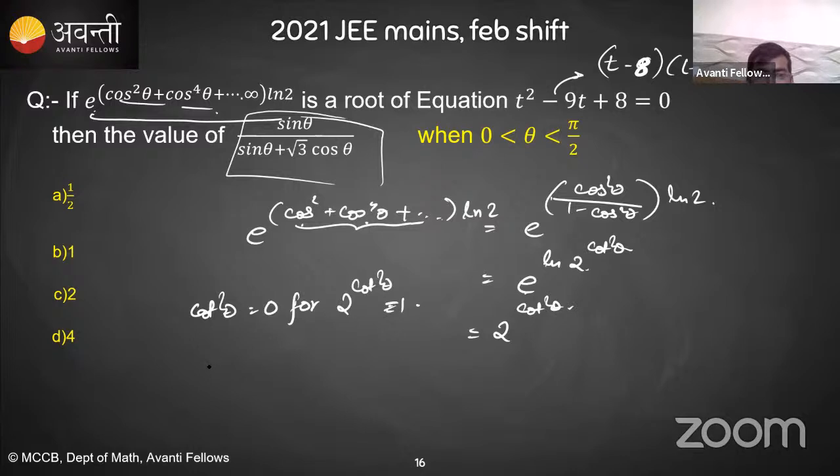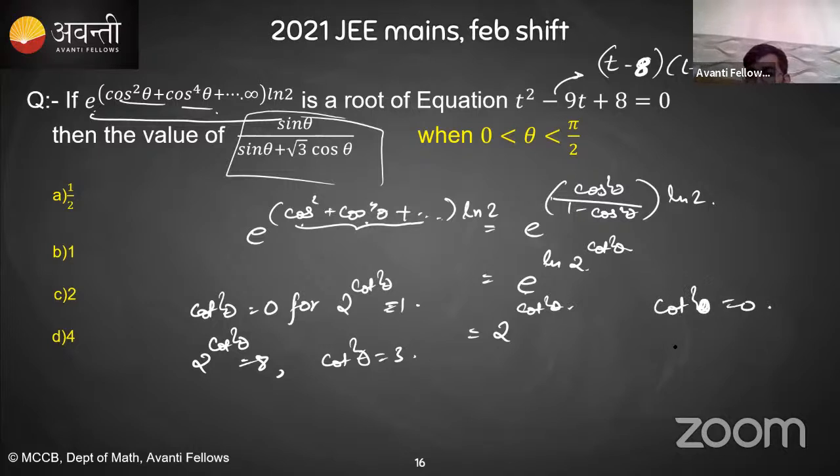And the other root is 8. So 2 power cot square theta is equal to 8. So that means cot square theta is 3, correct? So the value of cot square theta is 0 and the value of cot square theta is 3.